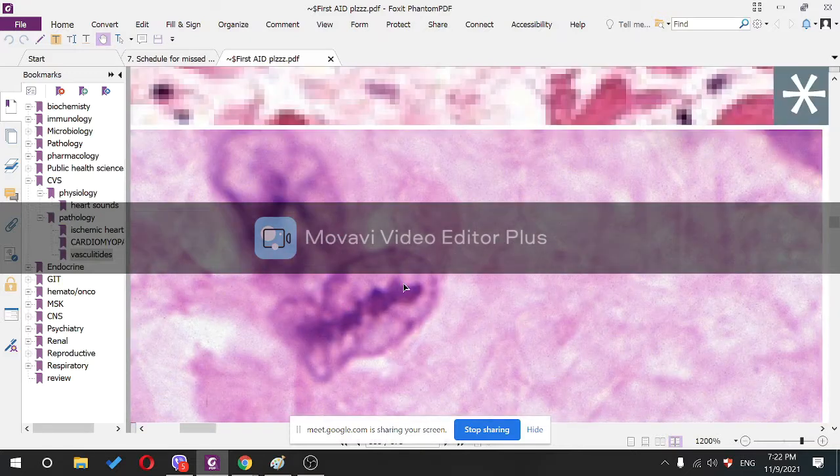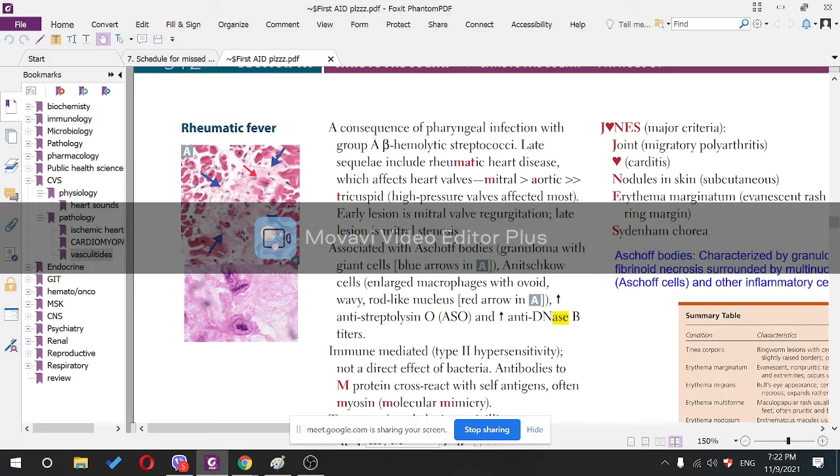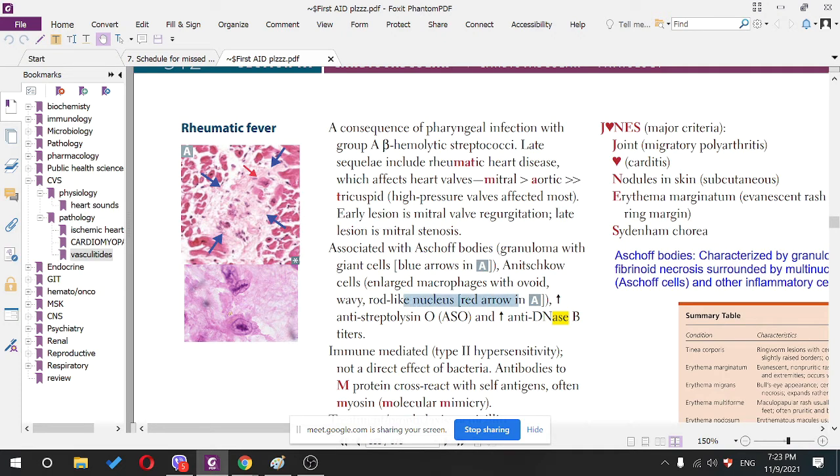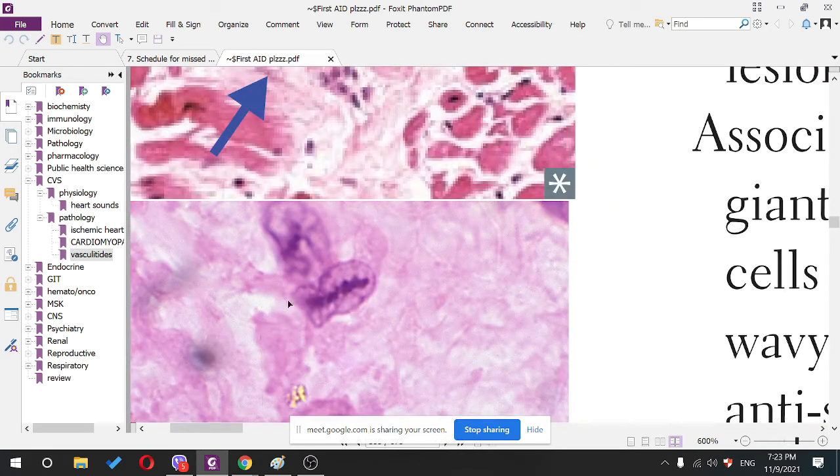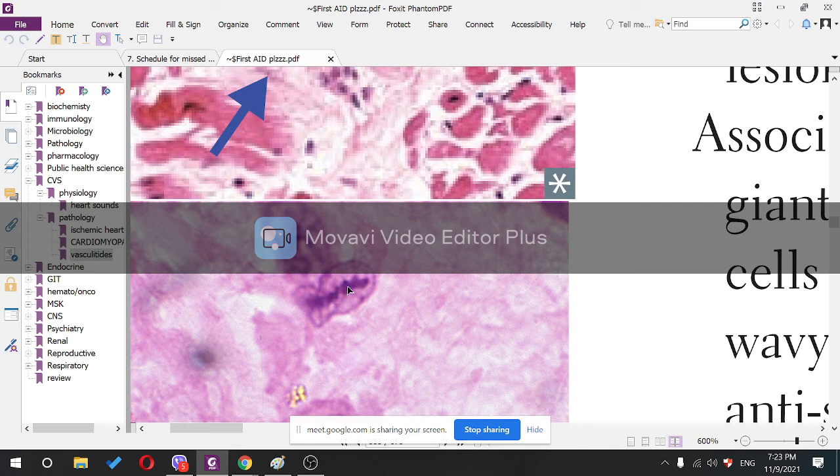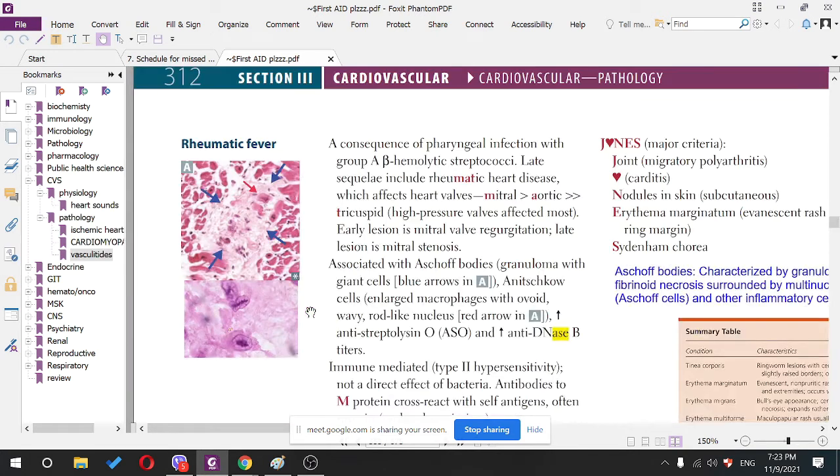See, this is a macrophage, and we said already that the granuloma is made out of macrophages with an ovoid, wavy, rod-like nucleus, as you can see here in the red arrow. If you can see that, you are lying, I cannot. But you can see this one then. You can see this shape, this wavy, they say it's a caterpillar. Yeah, can you see that? Okay, good. So when you see that, that's the rod nuclei it has.